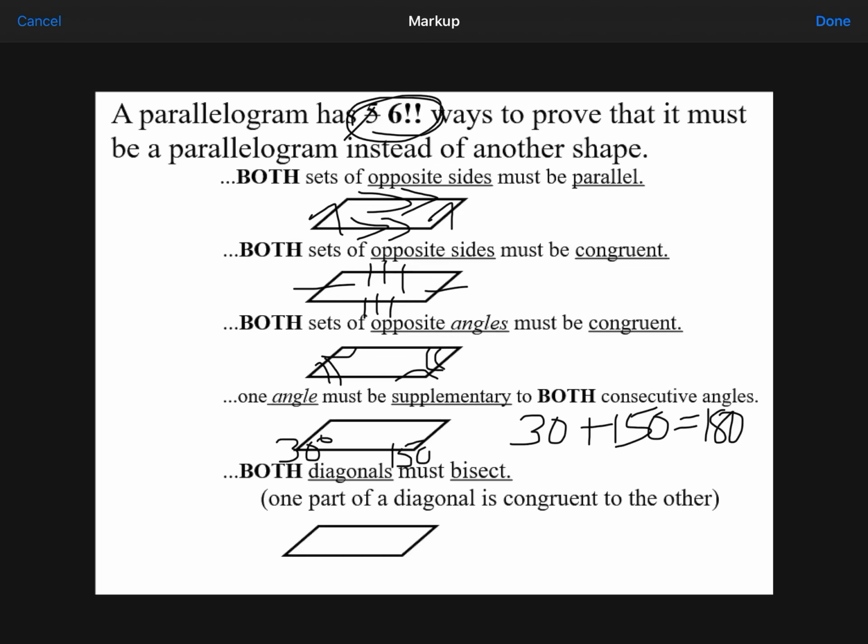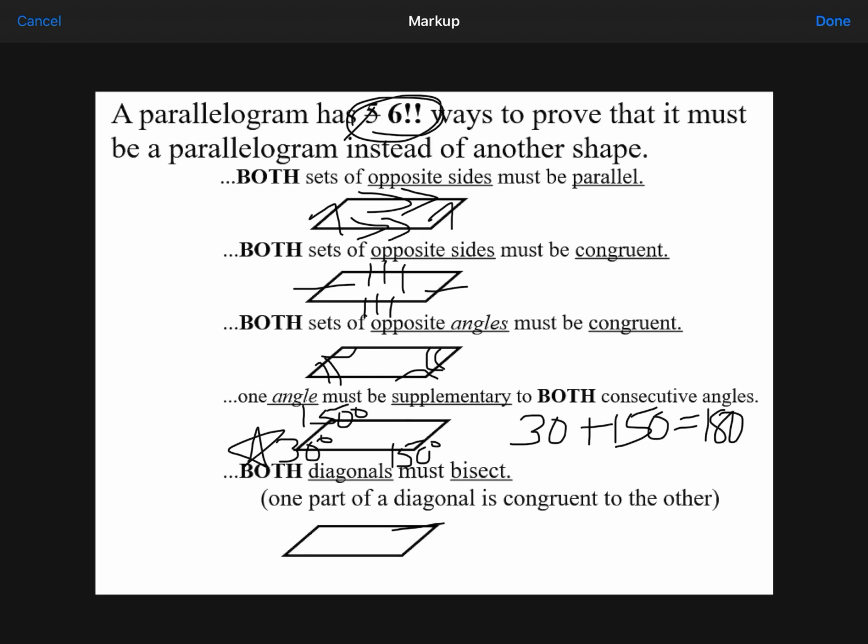This consecutive angle must be 150. This consecutive angle must be 150. What about the 4th angle in the top right? You don't need to know it. As long as you have one angle like this 30-degree angle where both consecutive angles add to 180, you're good to go. So we can't do that with markings, but we can do that when we put numbers into it.